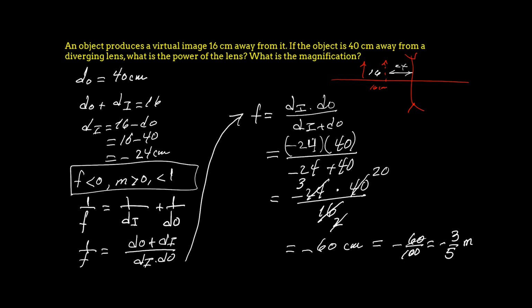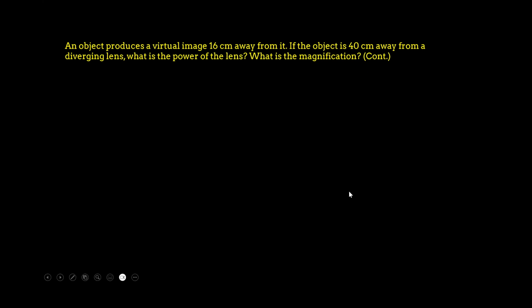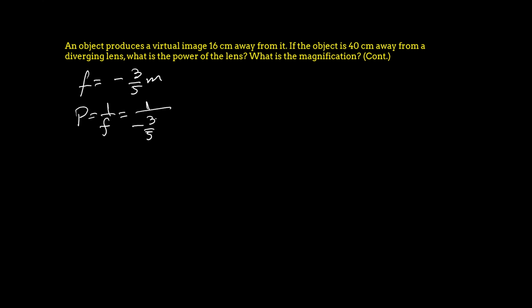So we got the focal length in meters. The F was negative 3 over 5 meters. So the power, which is 1 over F, which is 1 over negative 3 over 5. We flip this, put it on top, so it will be negative 5/3. That is the power in diopters. All right.